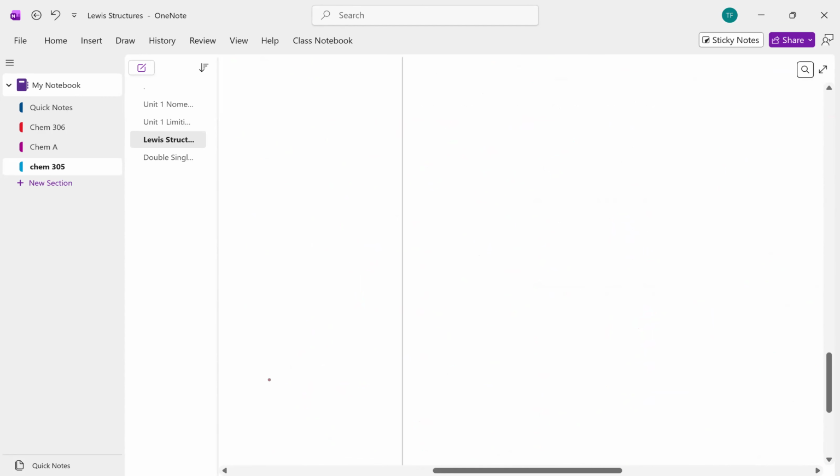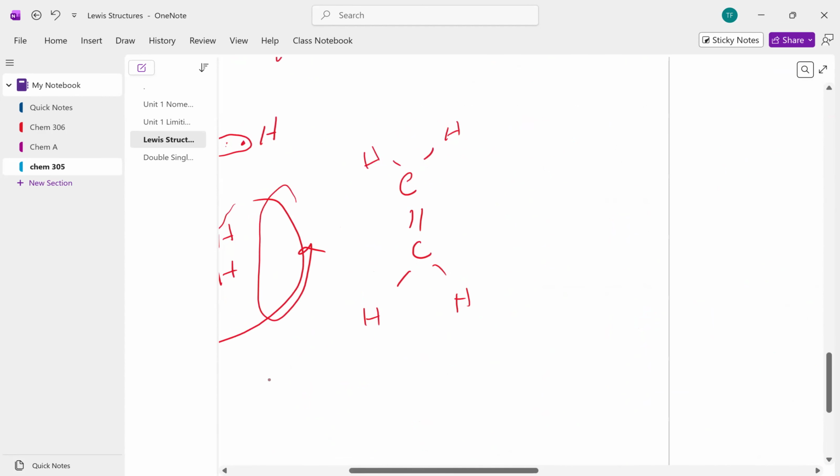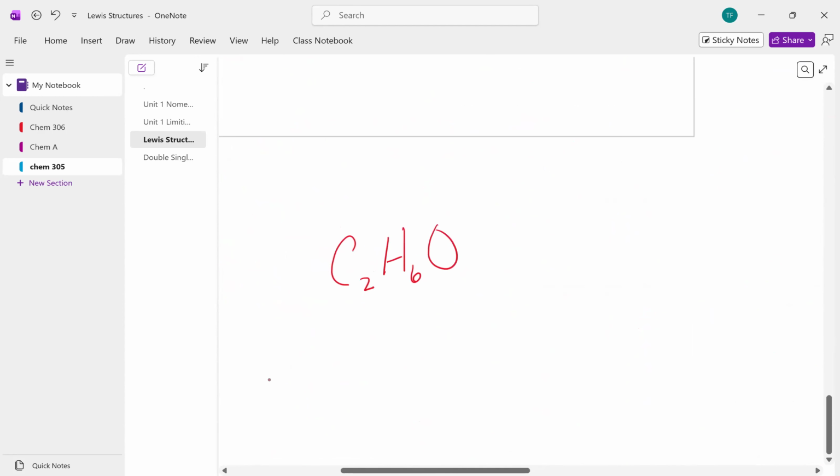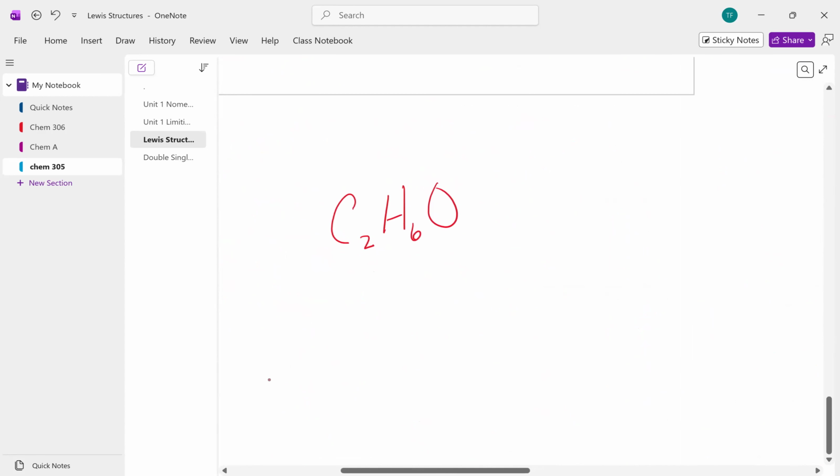Let's see, where did our... There it is. Okay, so this one, let's go and work this one out. And I'm going to show you that there's another structure that's just as legal as the first one. All right, so carbons go in the middle.